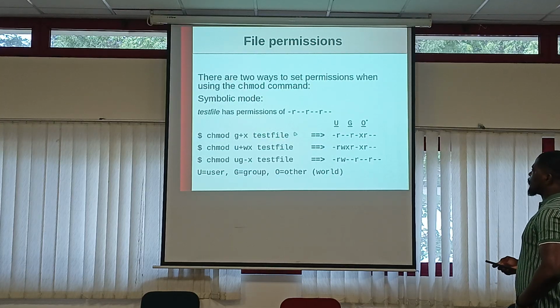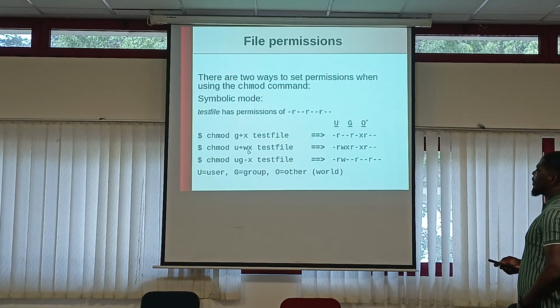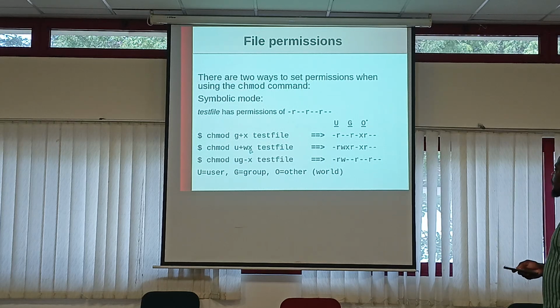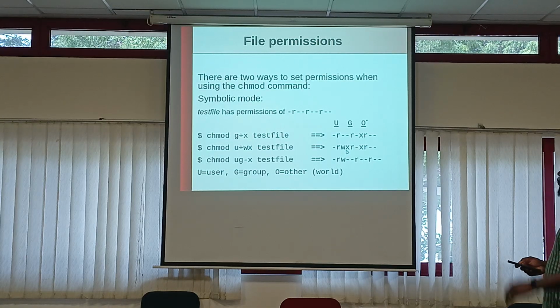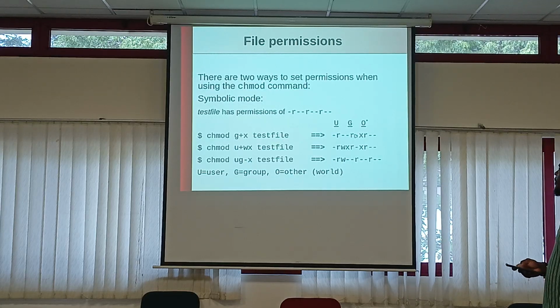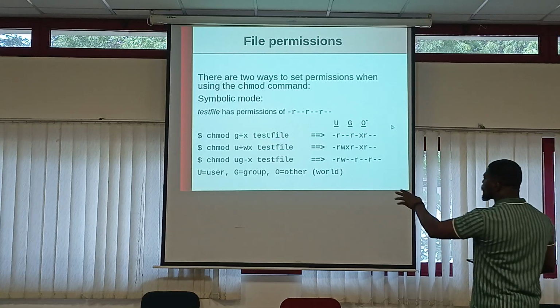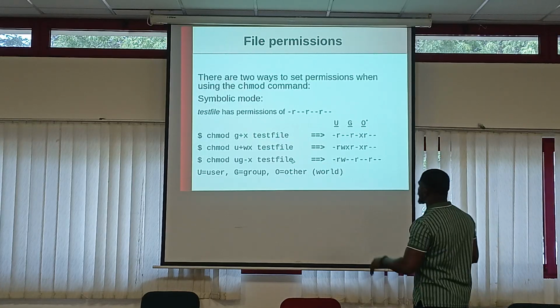So you can also say the user, you're granting it, plus is granting, read and execute. So it gives the user read and execute, and write and execute, sorry. We also see that G plus X gives the group the access for executing. So when we go with UG, it means both the user and the group should have executable access.